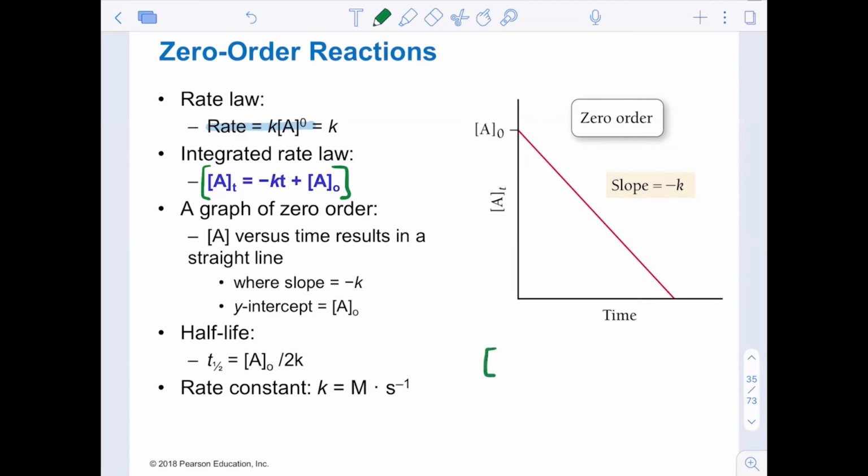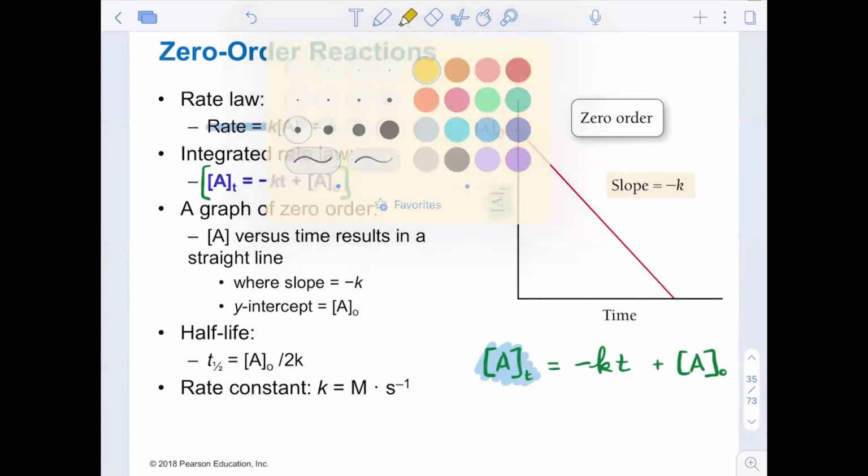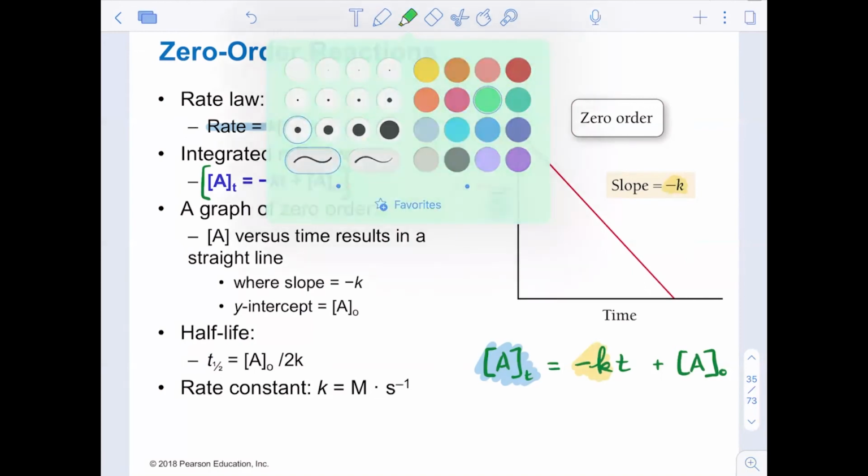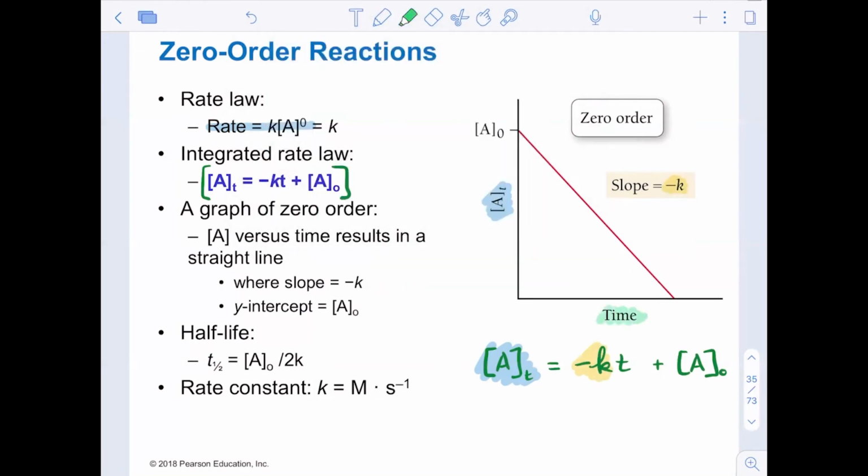So again, just to see what we plot, the straight line would form for a zero order reaction when we plot y, the concentration of A at a specific time. m, the slope, again, is a negative k. x, on the x-axis, is time t, right?